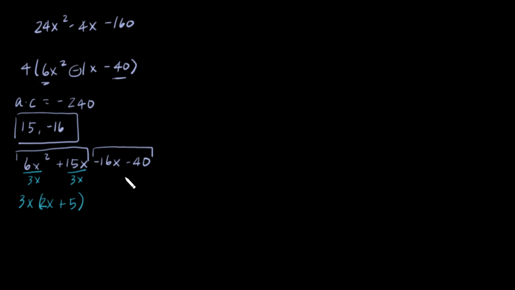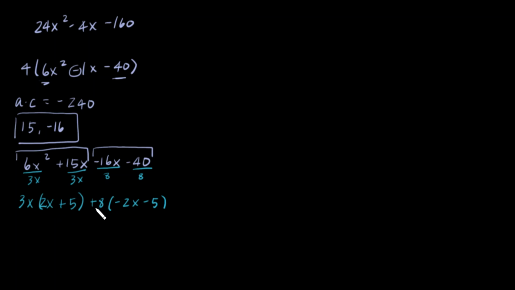And then both of these are divisible by an 8. So if I took a positive 8 out, divide this by 8 and divide this by 8, I'm going to get a negative 2x minus 5. Negative, negative. That doesn't match up with this.